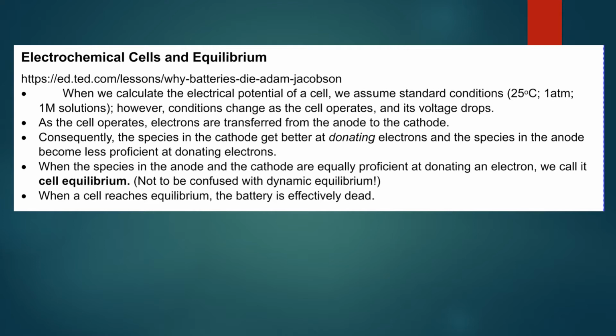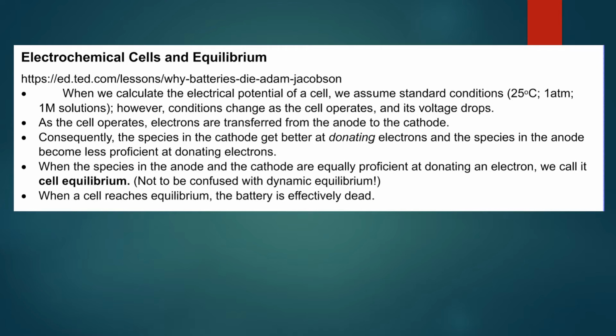What happens over time is the voltage of that electrochemical cell drops. As the cell operates, electrons are being transferred from the anode to the cathode, and consequently, the species in the cathode gets better at donating electrons, and the species in the anode gets less proficient at donating electrons.